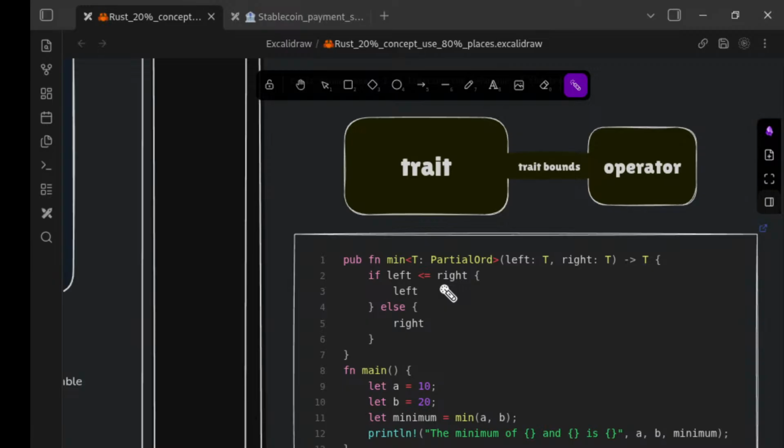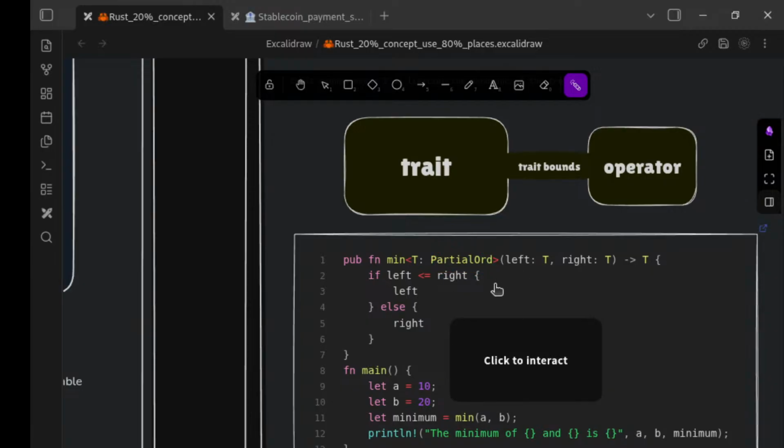I have to say this type is comparing these numbers with one another, and I am using partial order.